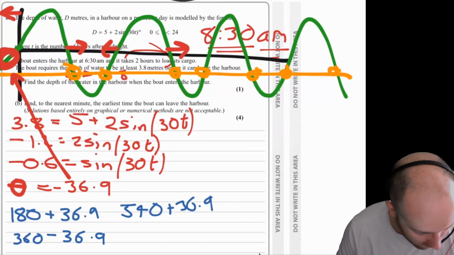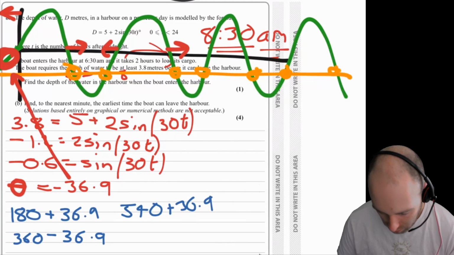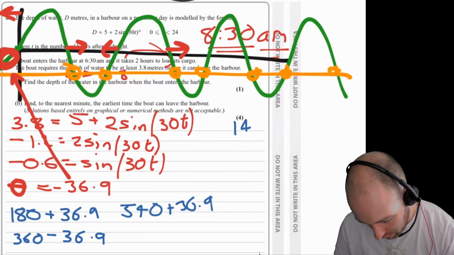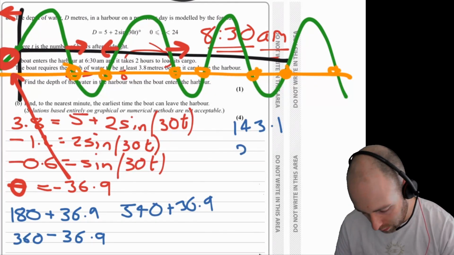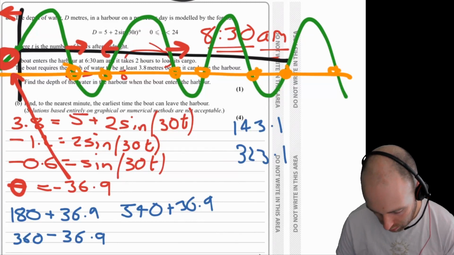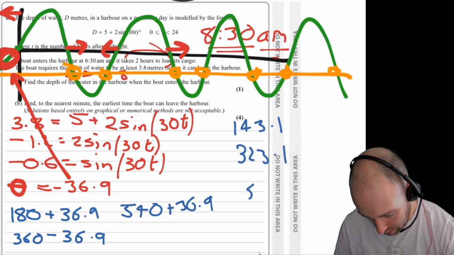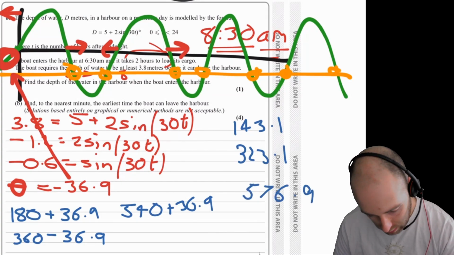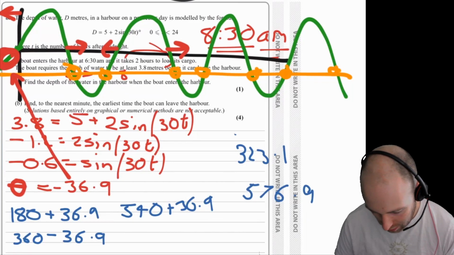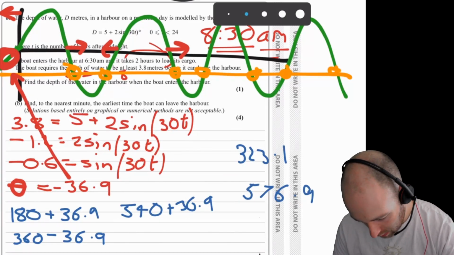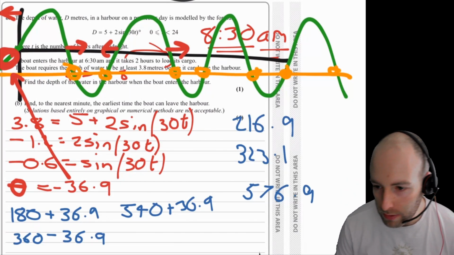So if we work out the 3 of those, we get 143.1, 323.1, and 576.9. Sorry, that first one is wrong. I did the wrong thing. 180 plus 36.9, 216.9. So those are my 3 different angles.